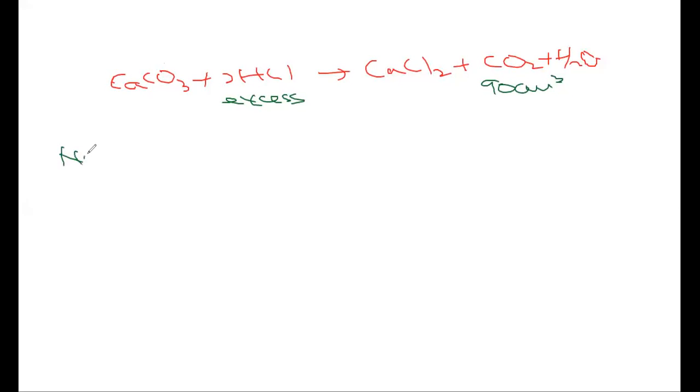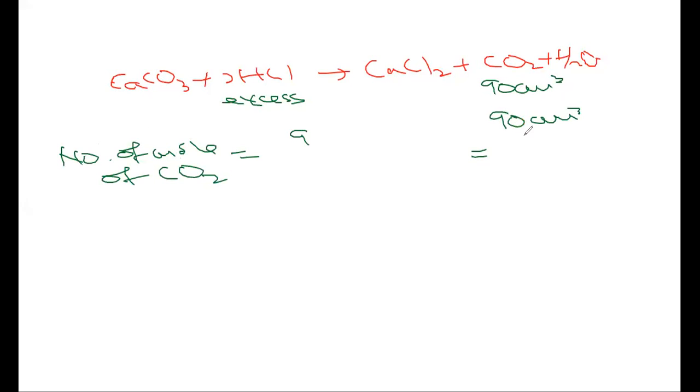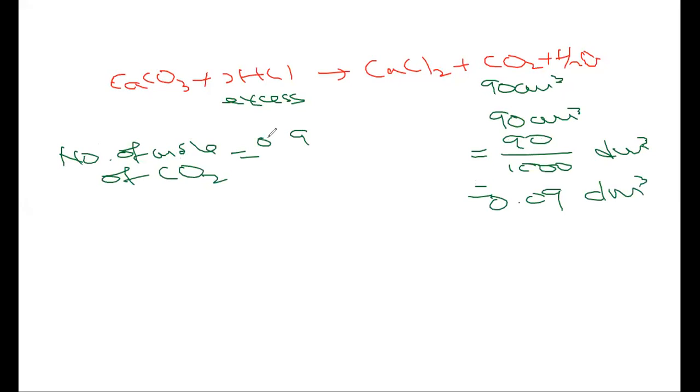So first of all, you have to get the number of moles of CO2. You are taking the 90 centimeter cube, you have to convert to decimeter cube, so you divide by 1000. You are getting your answer as 0.09 decimeter cube. Okay. Now divide with the molar volume, which is 24. Press your calculator.